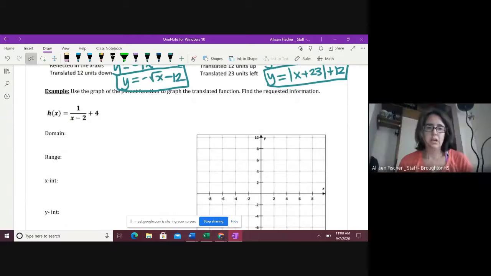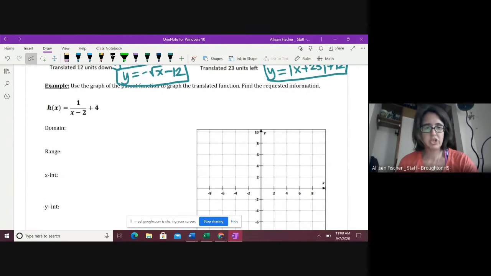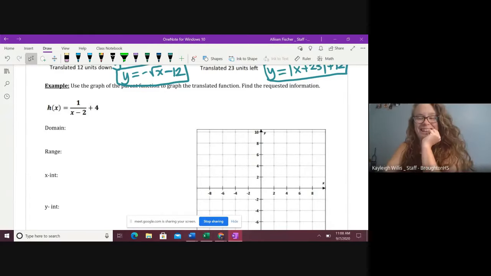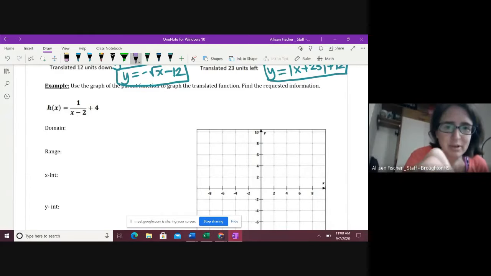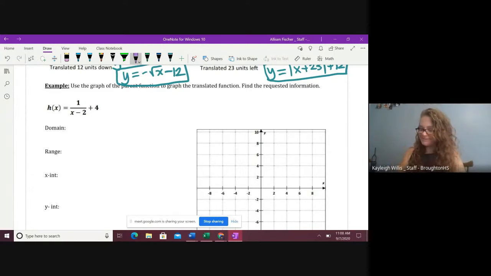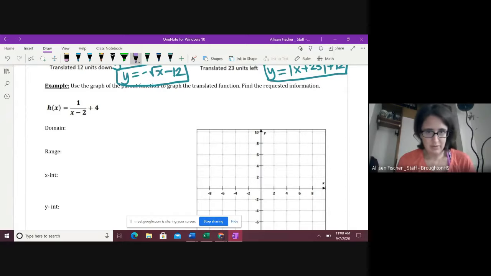All right, so this is the last transformation parent function example, but it's a doozy. Put your big kid pants on. Use the graph of the parent function to graph the translated function and then find the requested information.